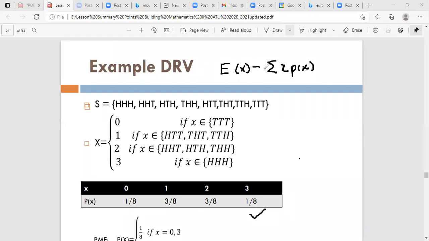Good. So in other words, we need to create another row. Let me clear this first.